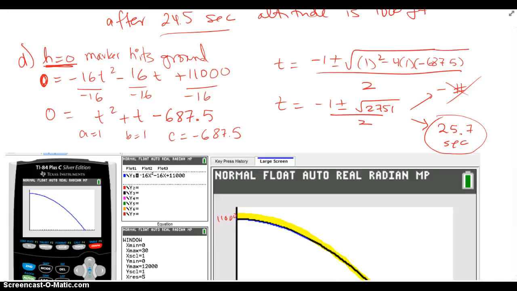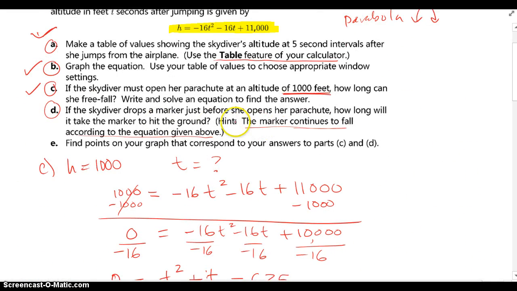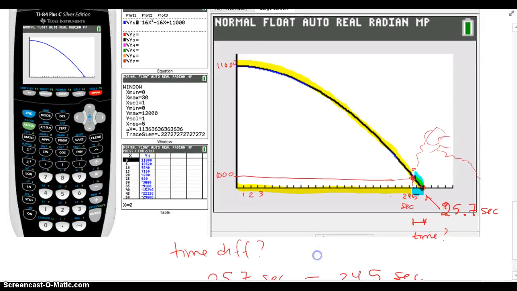Now let's go up, make sure we answered everything. How long will it take the marker to hit the ground? 1.2 seconds later it hits the ground. Find points on your graph that correspond to your answers to parts C and D. So we have that already. If I go back to my graph, here is my point.